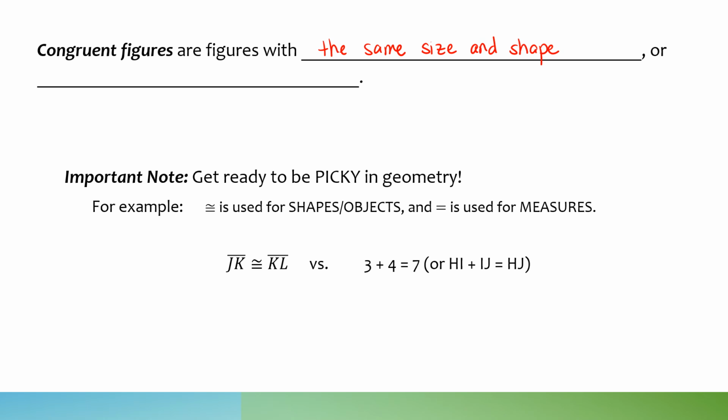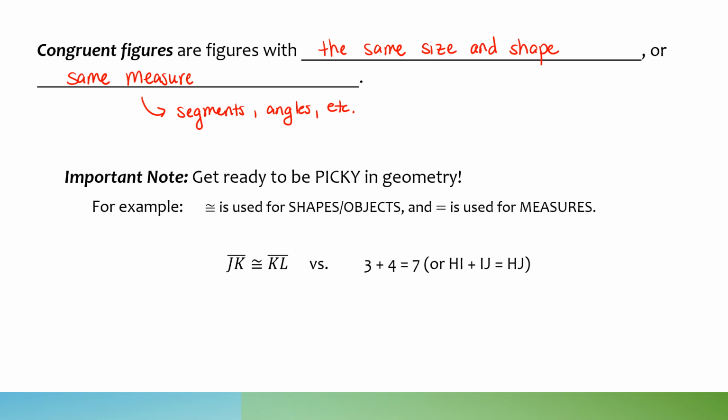Now, the or here is to capture things like segments, like angles, where we don't really have a shape necessarily to them. So this would be another way of understanding it is that they have the same measure alone, just measure. So that's for segments and angles. Maybe some other stuff later on. So I'll just put etc.